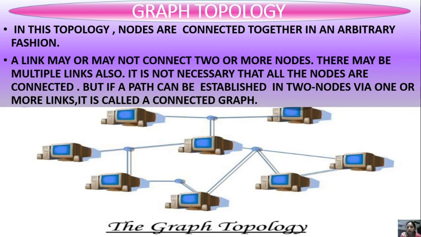You can observe that one upper node is connected with two nodes, some are connected with two nodes, and some are with three nodes, like this. So we can say these systems are connected in an arbitrary fashion. That's why it is called graph topology.